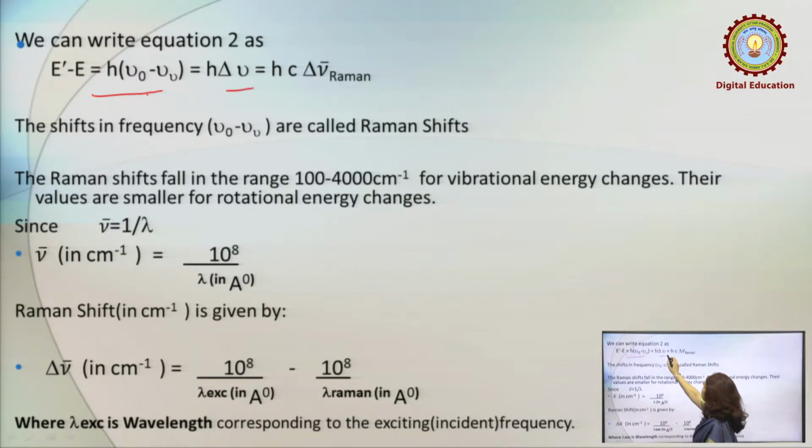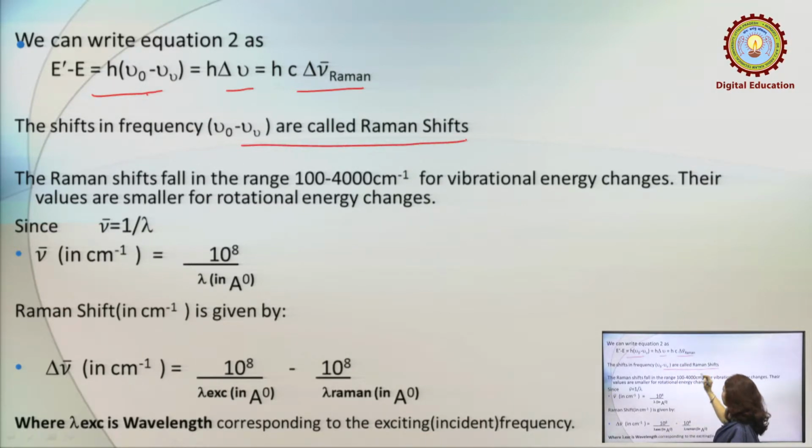This is your Raman frequency, in the form of wave number. The shifts in the frequency are called Raman shift. This Raman shift falls in the range of 100 to 4000 centimeter inverse for vibrational energy changes. Their values are smaller for rotational energy changes.